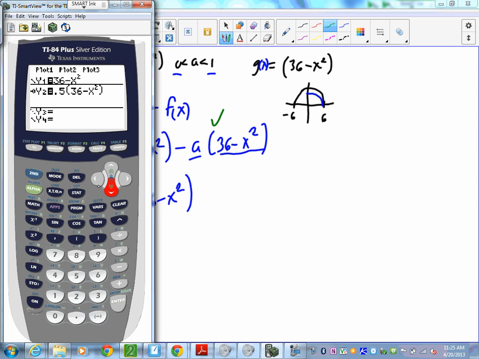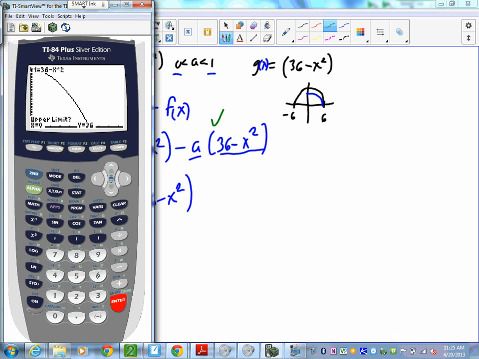Let me go ahead and turn this on. And I zoomed in so I can see the graph in the first quadrant. So we can certainly do it graphically by going to calculate and taking number 7, going from 0 all the way to the crossing point at 6. See that it's equal to 144.